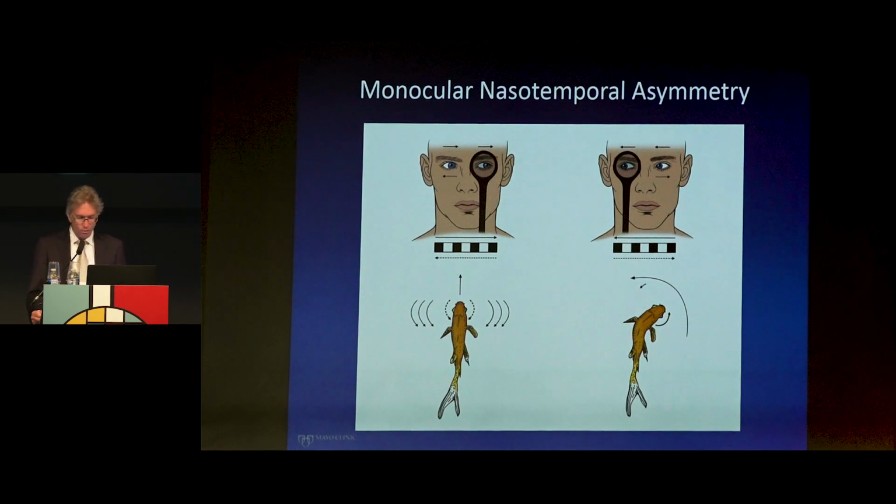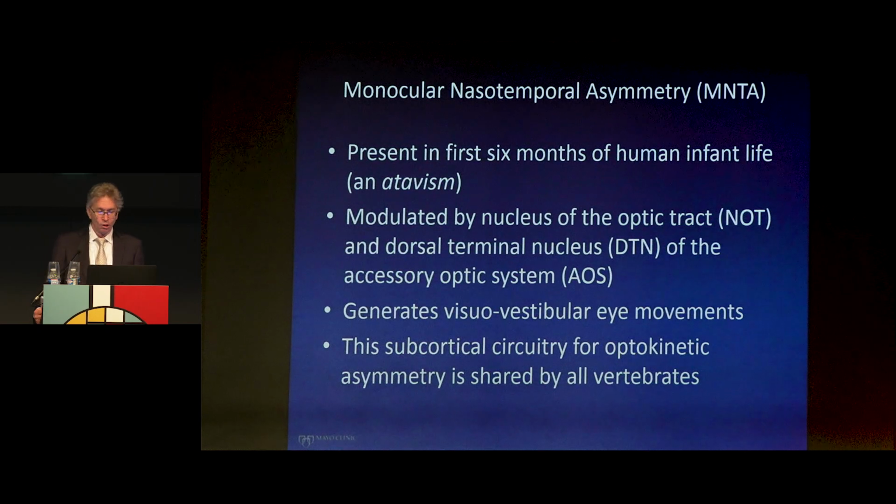Now, what's so interesting is that monocular nasotemporal asymmetry exists in lateral-eyed afoveate animals, and it's used for the detection of full-field optokinetic flow. Normal human infants show monocular nasotemporal asymmetry within the first 6 months of life.